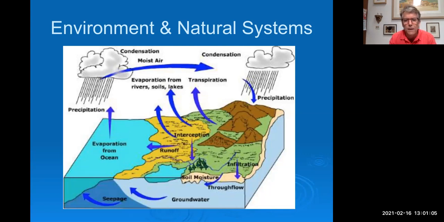So where it ends up is in the groundwater table. In a swamp, the groundwater is right at the surface. If you drill down, you will hit what's called the water table. That is where the groundwater is. That's where people put wells in.